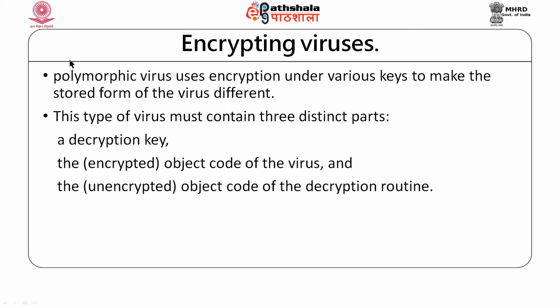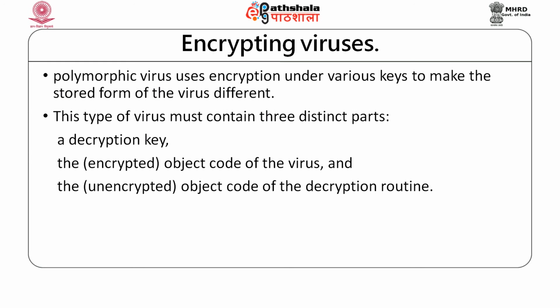Encrypting the viruses. Polymorphic viruses use encryption under various keys. Once it is encrypted, it is very difficult to find out the stored form of the virus. This type of virus must contain 3 distinct parts. A decryption key should be there, because when a virus wants to execute itself, it has to decrypt itself.